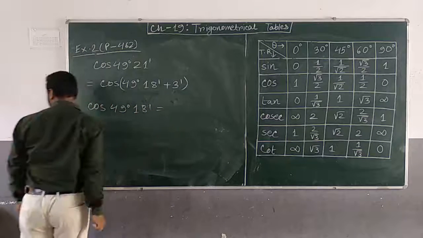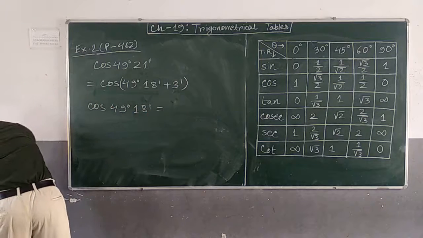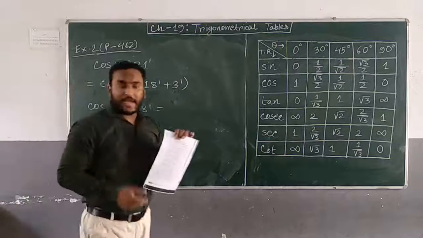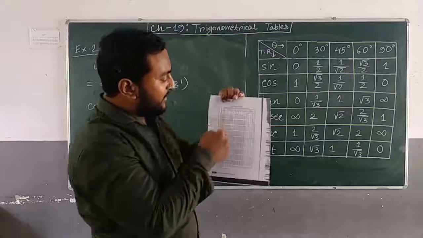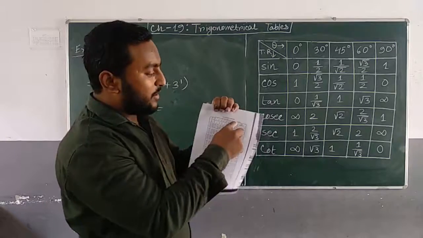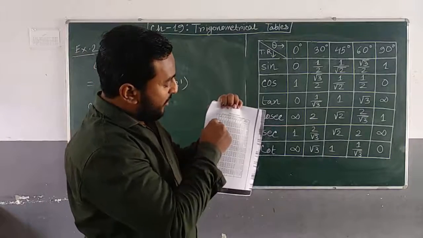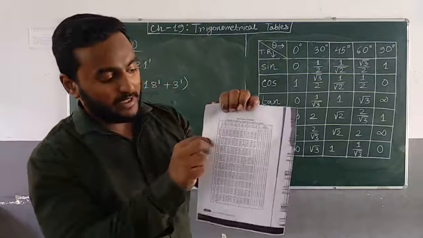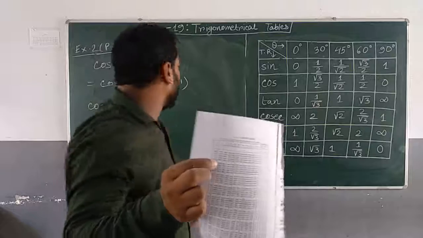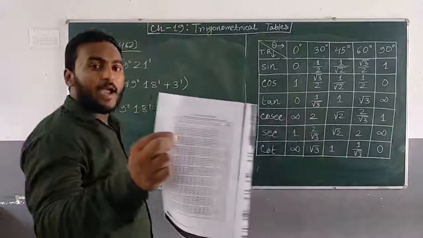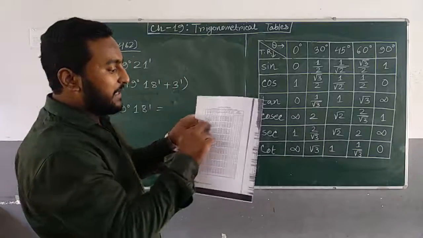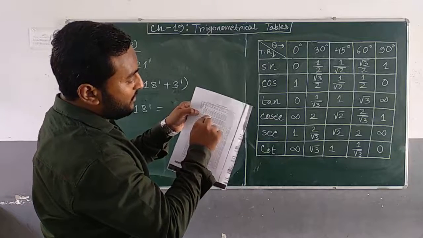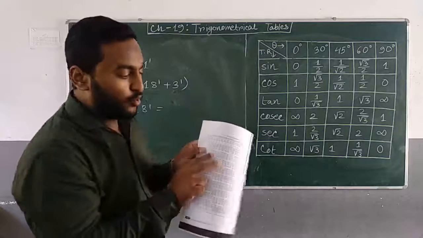That is equal to how much? In your book, see that at the extreme left in natural cosines, on the second page, 45 degree, 46 degree, 47 degree, 48 degree, 49 degree. So 49 degree you have to find, 49 degree 18 minutes. 49 degree is here and 18 minutes is this column. So the value is 0.6521.